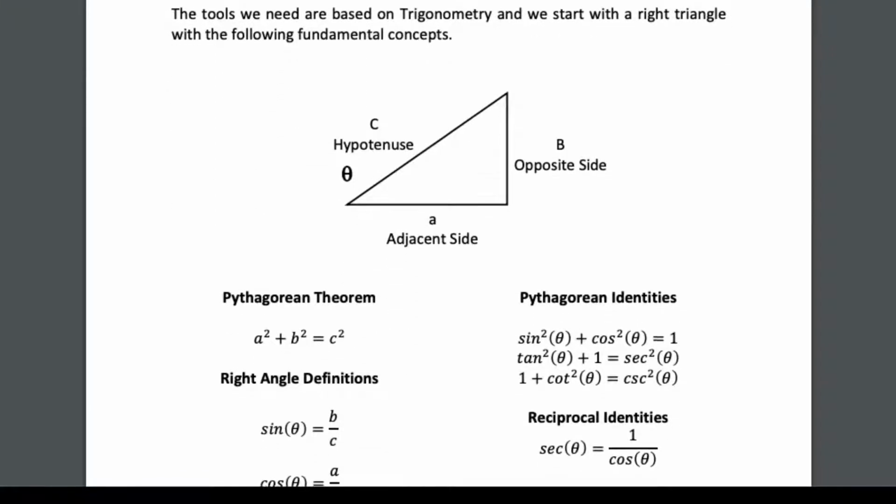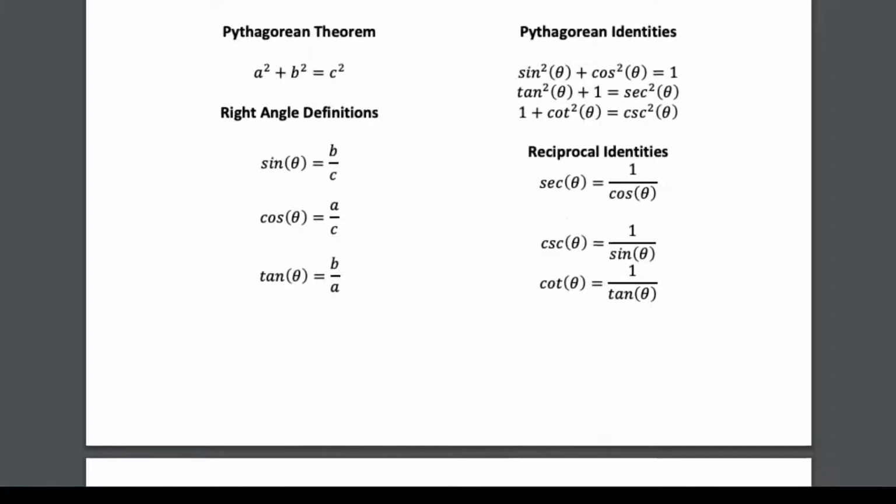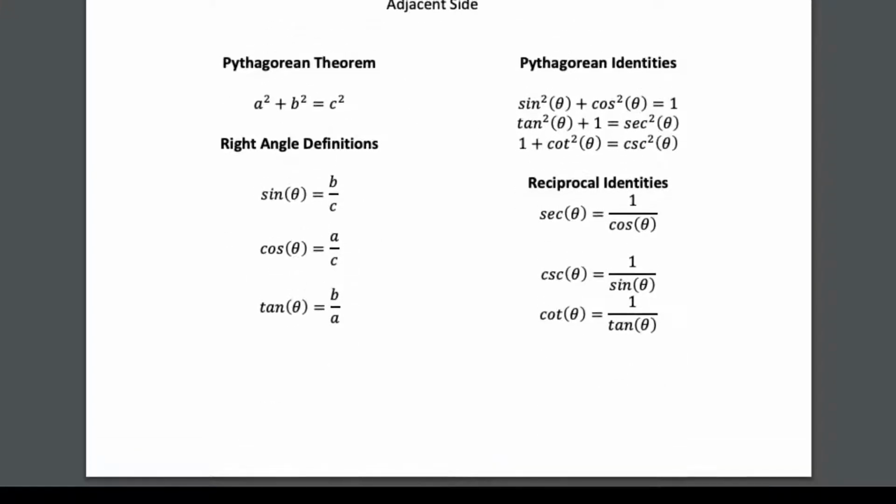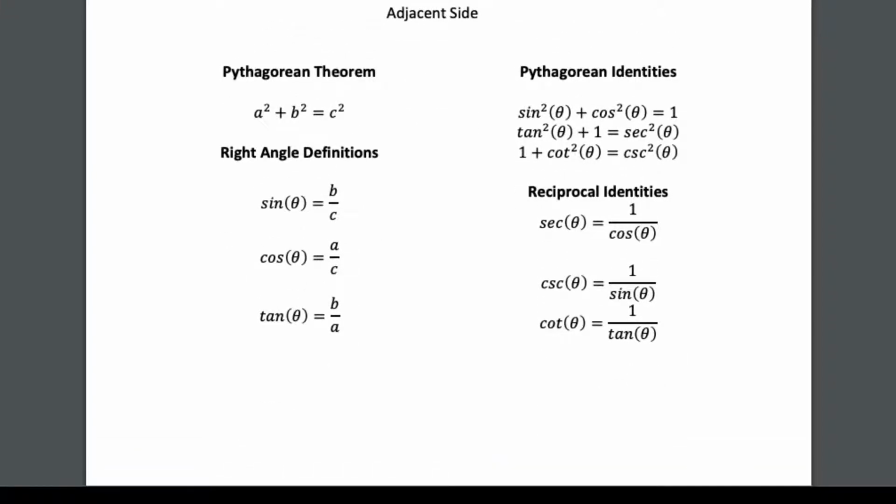Then, of course, we have the Pythagorean theorem based on that right triangle, with the Pythagorean identities, or the circle, the circular functions. And these are my right angle definitions from geometry or even trig: the definitions of sine, cosine, tangent, and then the reciprocal identities.